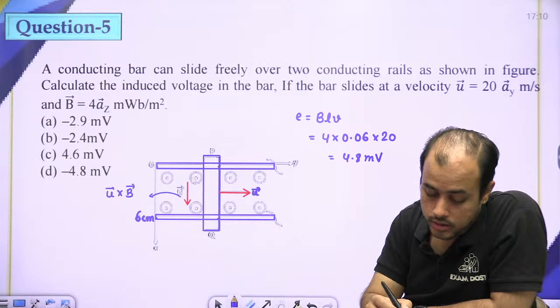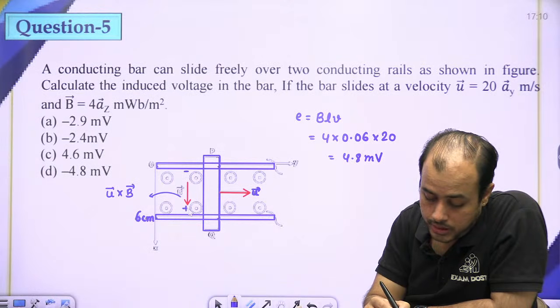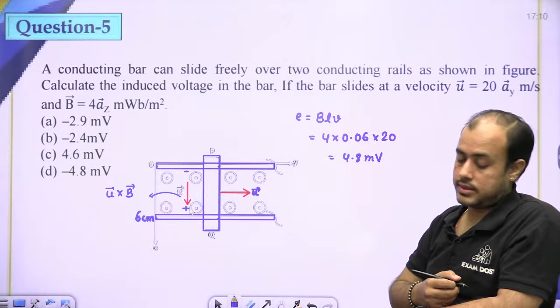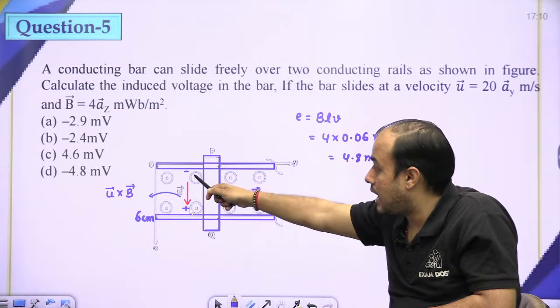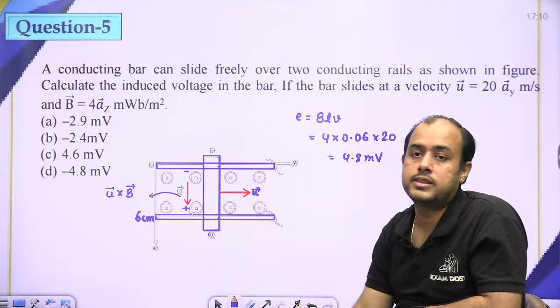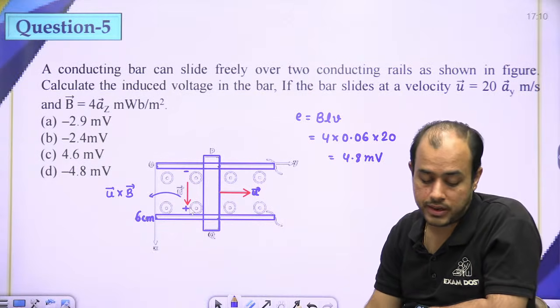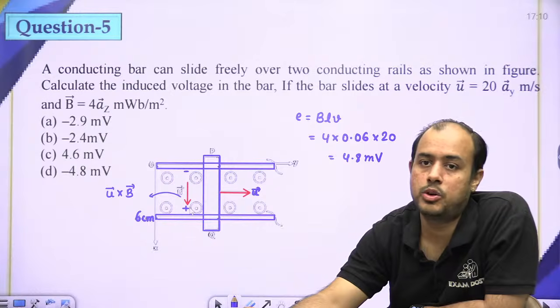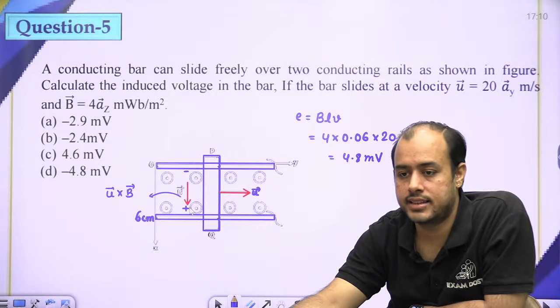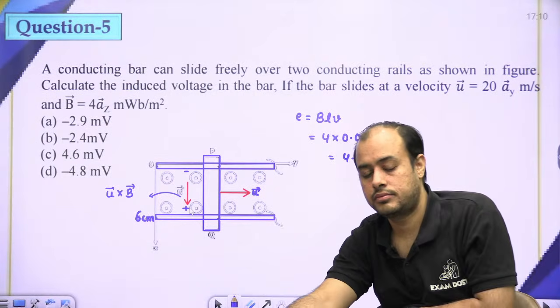This arrow is always from minus to plus. It means the upper terminal is negative, lower is positive. ऊपर वाला नेगेटिव, नीचे वाला पॉजिटिव. समझे लॉजिक? कैसे निकालते हैं डायरेक्शन?